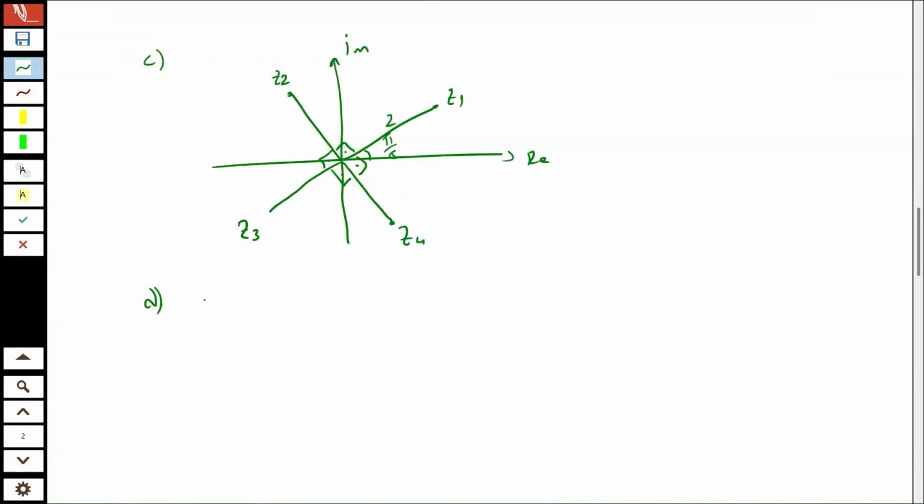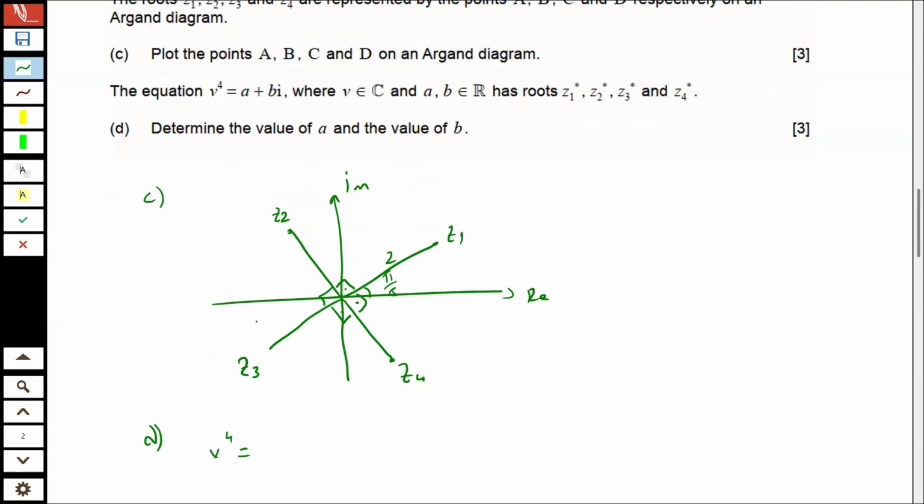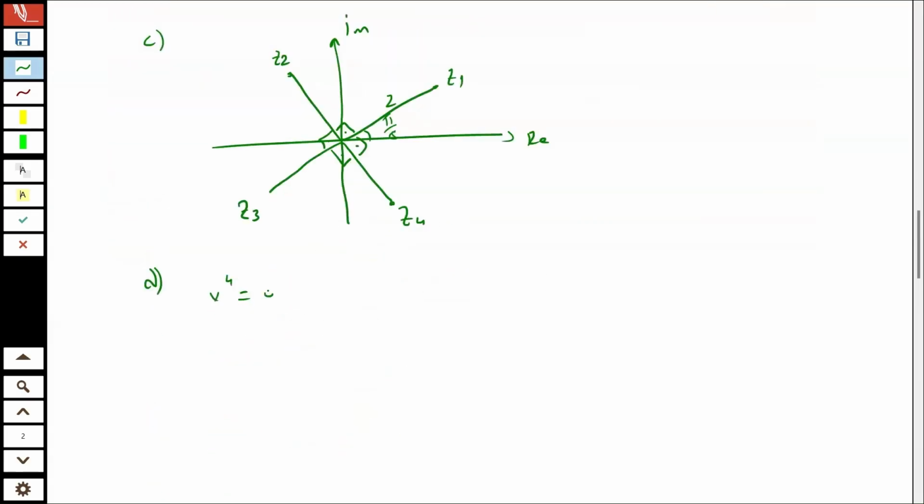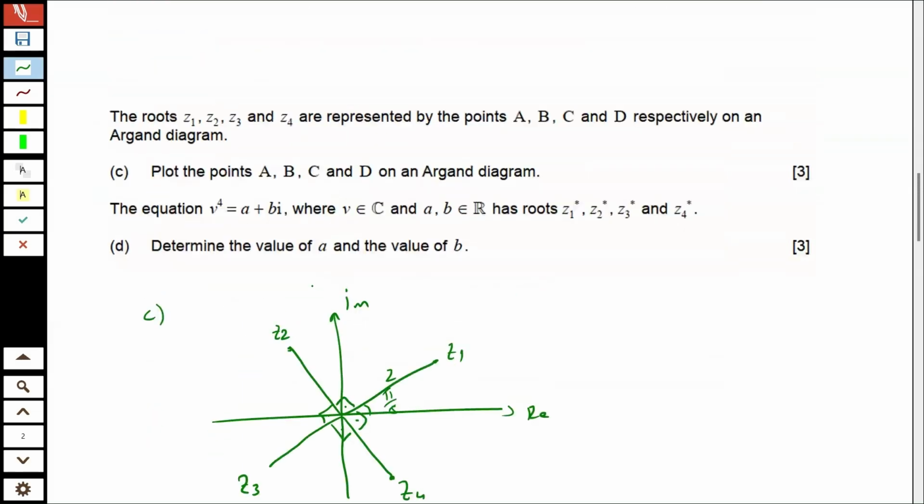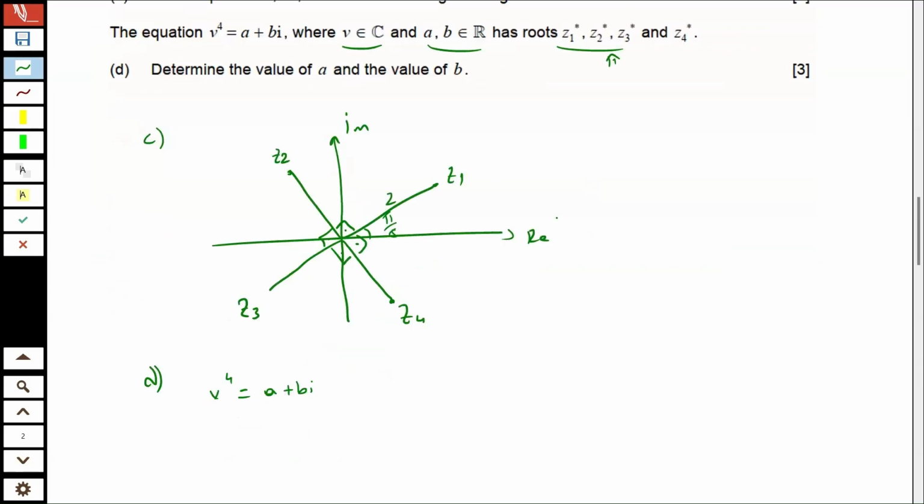The equation v to the power of 4 equals a plus b times i, where v is a complex number and a, b are real numbers, has roots. This is the conjugate of these roots, the complex numbers. Determine the value of a and the value of b.